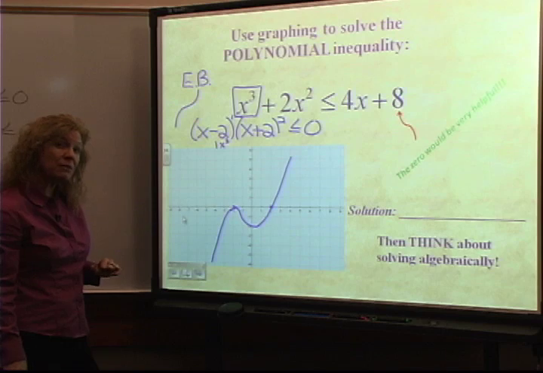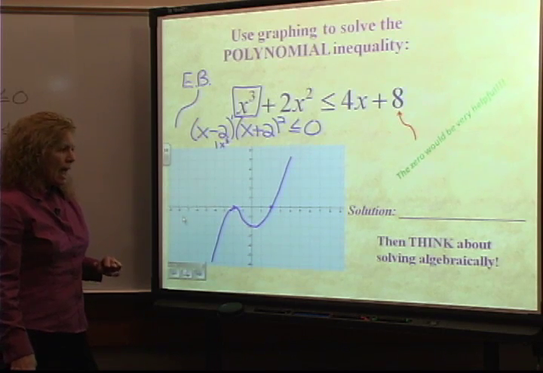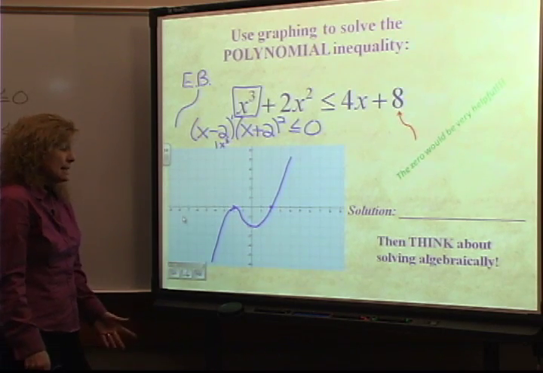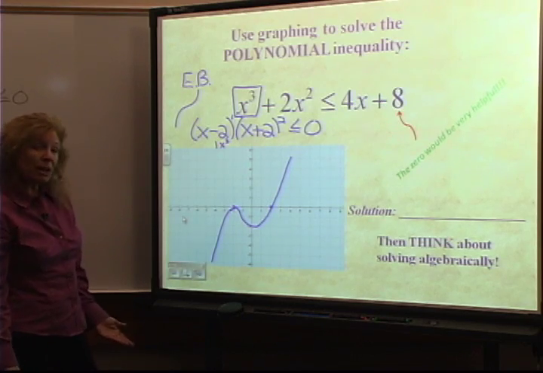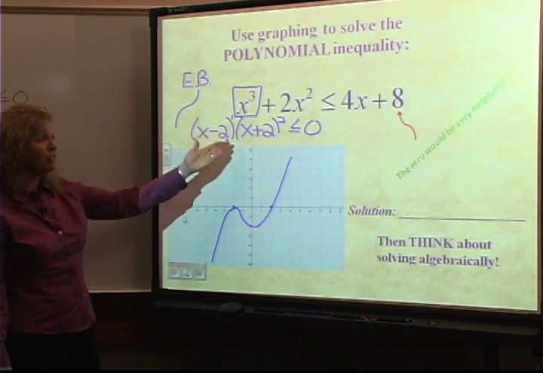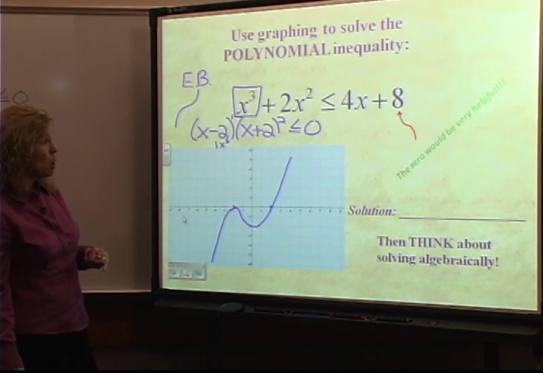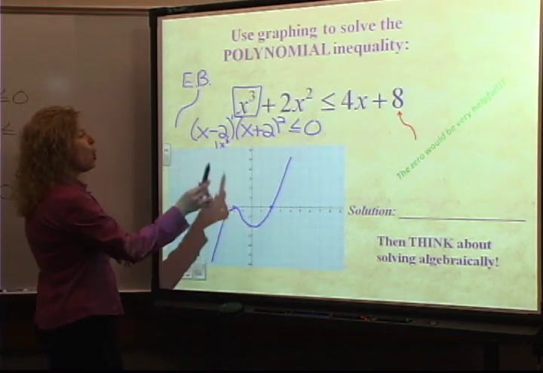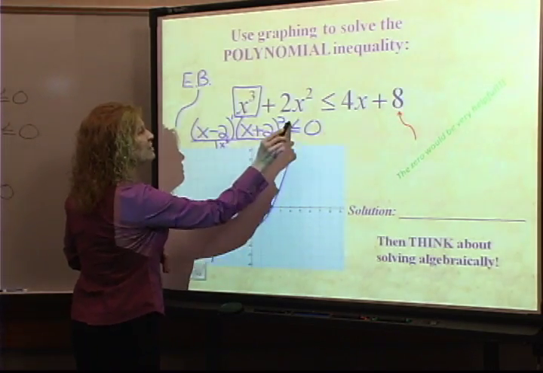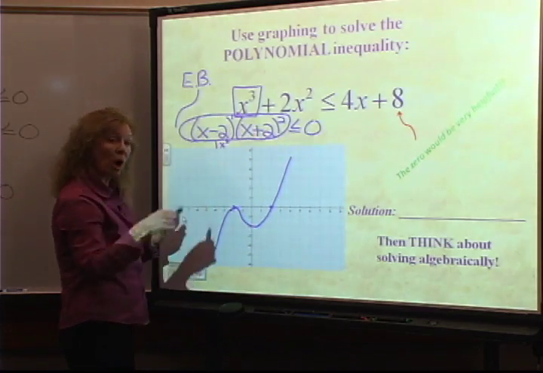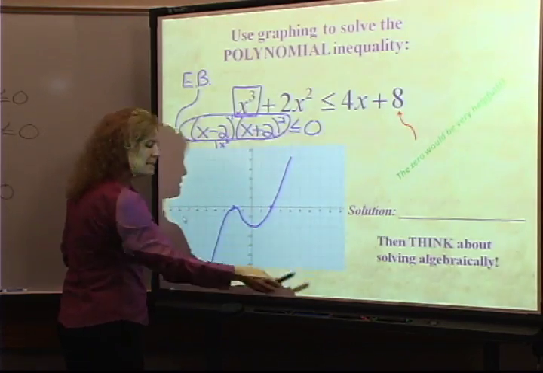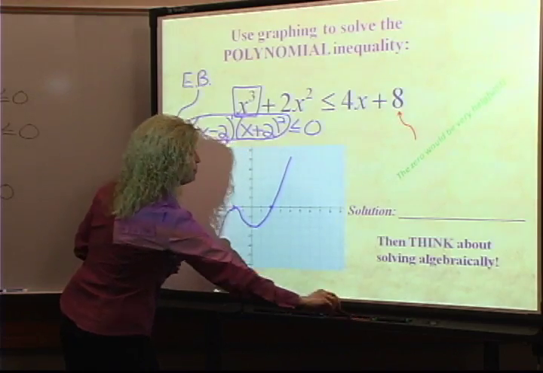Remember graphing those in a previous lesson? And the nice thing is that now I'm looking at a picture that should help me solve this inequality. Because the question is, when is all of this, which is my y coordinates, less than or equal to 0?